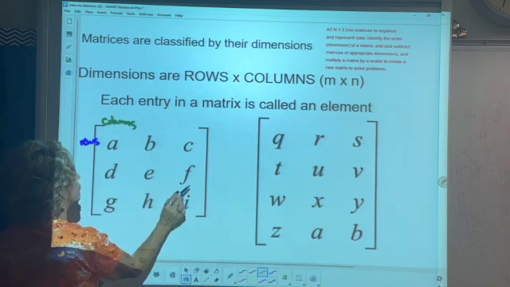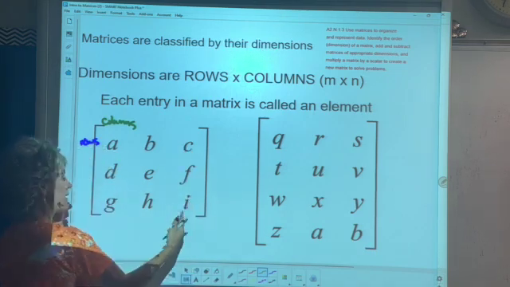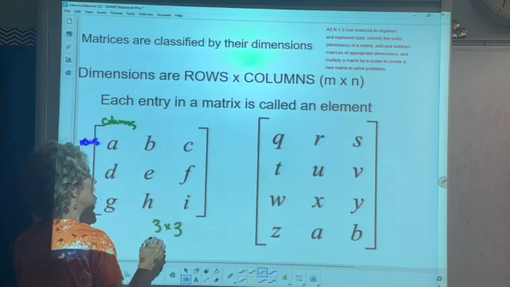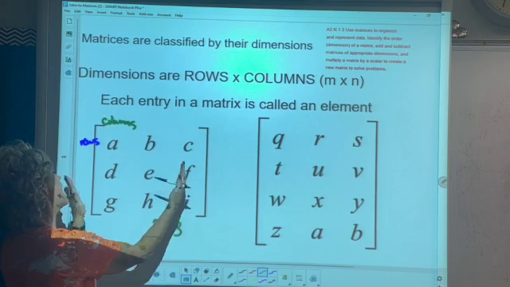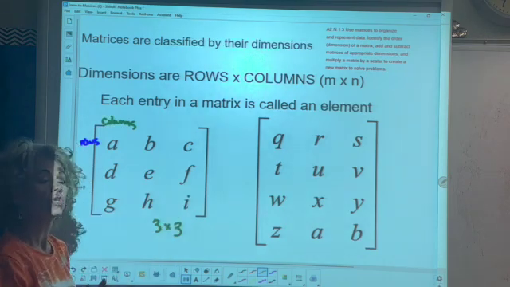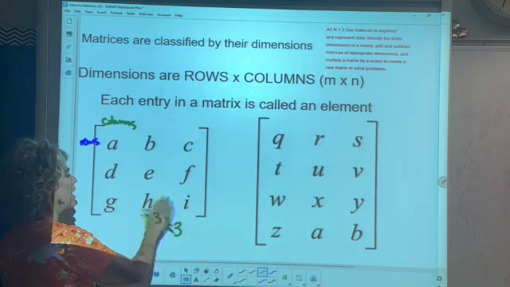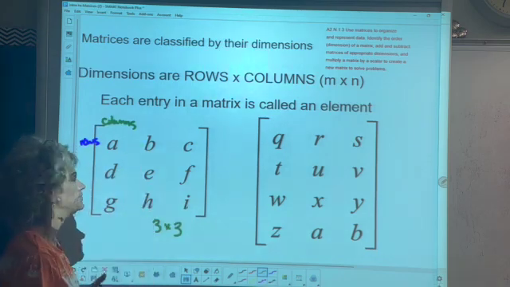So we have 3 rows by 3 columns. This is a square matrix, so this is a 3 by 3 matrix. If they say classify this matrix, you classify a matrix by its dimension: 3 rows, horizontal, 3 columns, vertical.